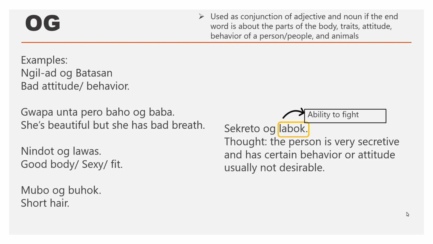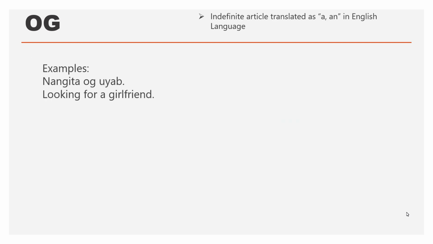Labok is actually how the rooster flaps its wings if it's good, its ability to fight the other rooster. But when you say sekreto og labok, the thought here is the person is very secretive and has a certain behavior or attitude, usually not desirable.